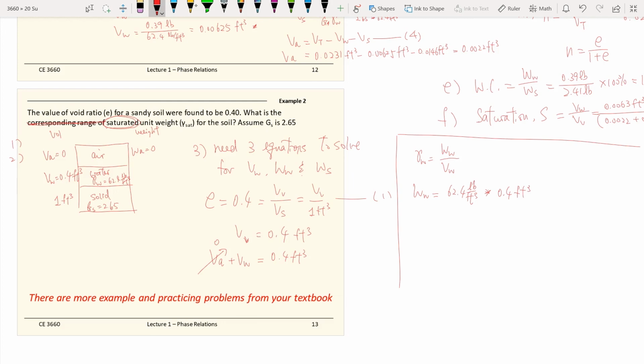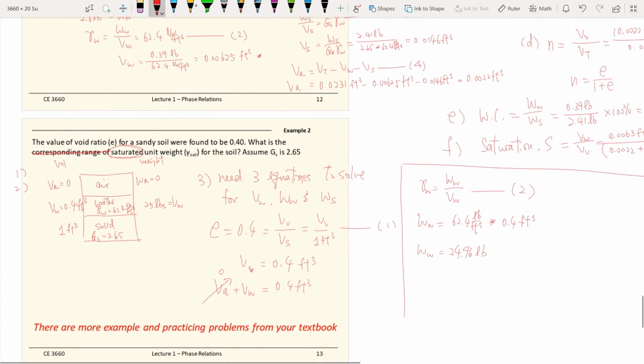We do our math, then the weight of water will be equal to 24.96 pounds. So the weight of the water is about 25 pounds right there. This was equation 2 that we use.